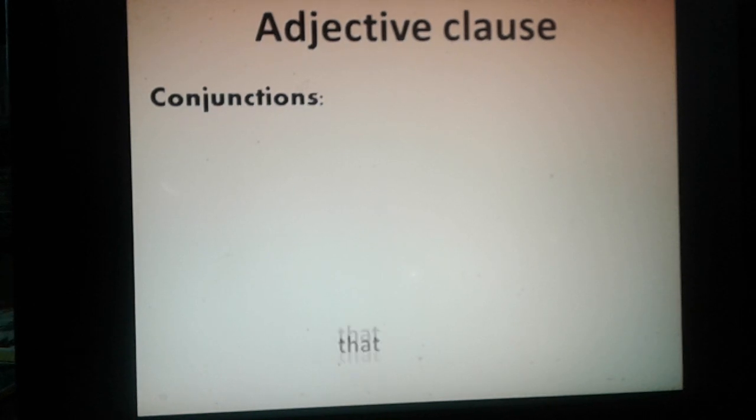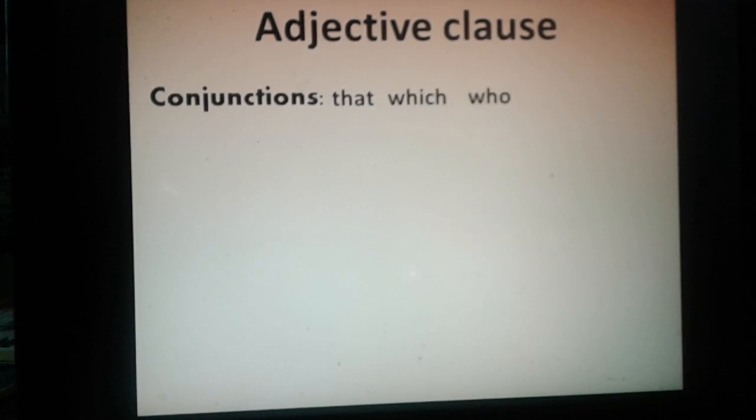An adjective clause has many conjunctions or relative pronouns that it starts with. First, that, as I said in the noun clause, also in the adjective clause, sometimes we use it if the clause is not clear, but if the clause is clear, we can take it out.